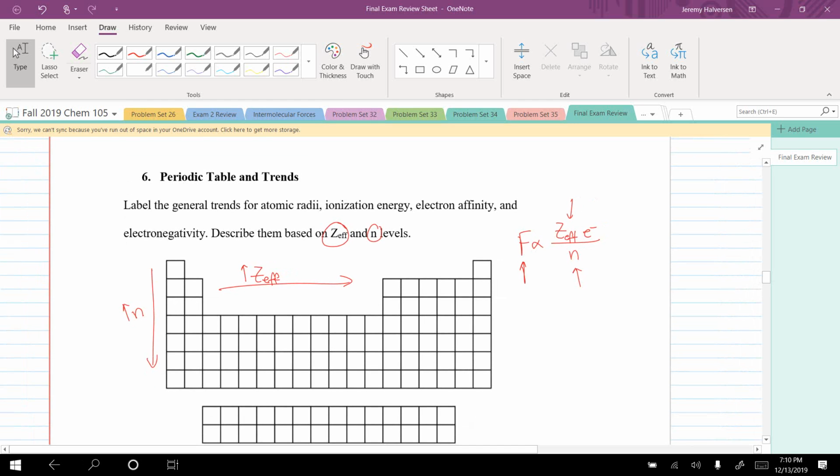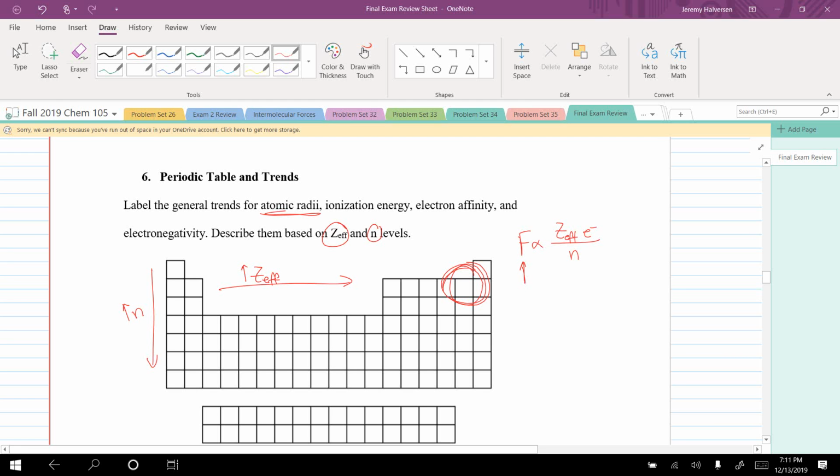So which corner of the periodic table will have the strongest hold on the outside electrons? This corner. Because that's where my Z effective is high and my n is low. You guys see that? Yeah. So if I know that this corner has the highest pull on my electrons, we can explain all of this. Okay? So atomic radius. Well, we already talked about n increases going down, right?